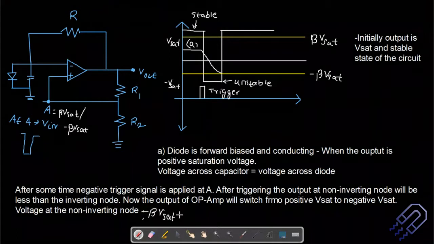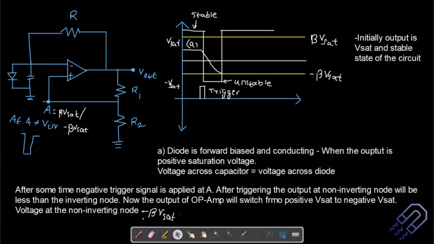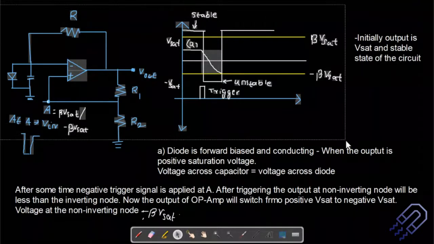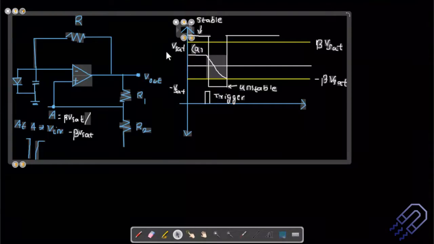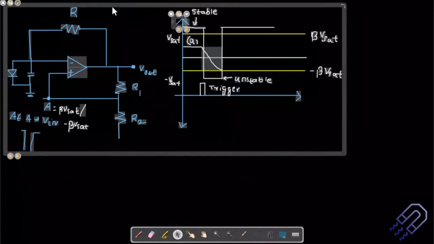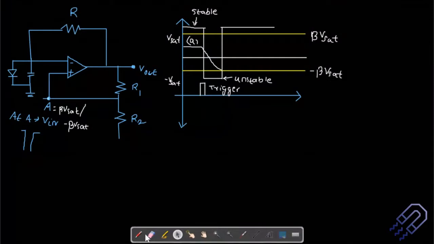Now this diode becomes reverse biased. Now we actually have the diode in the reverse bias condition. Let me write down the points now.